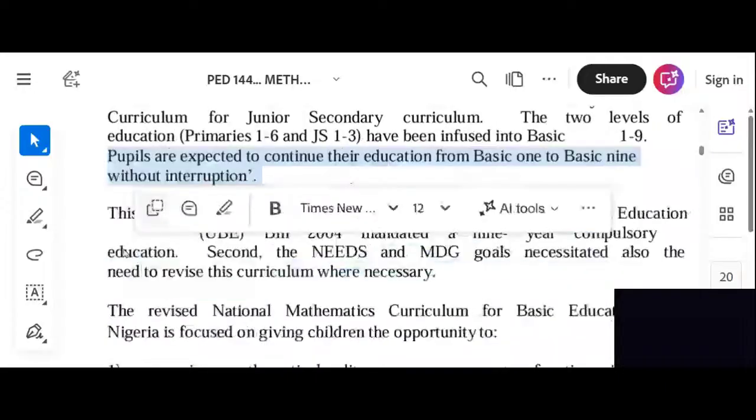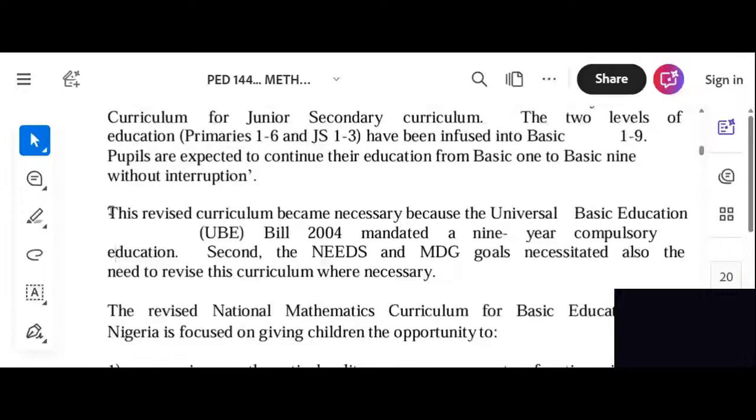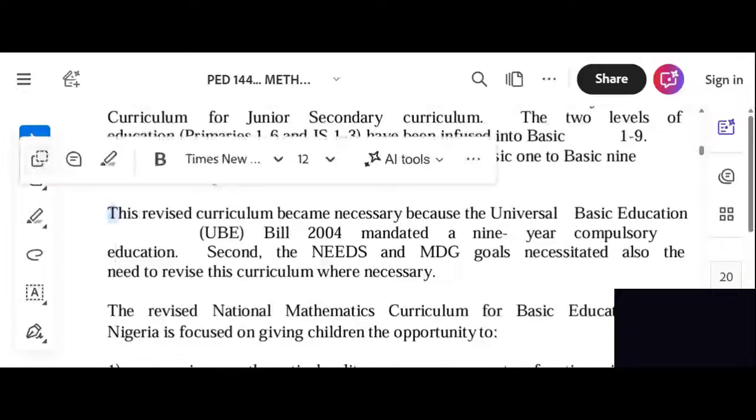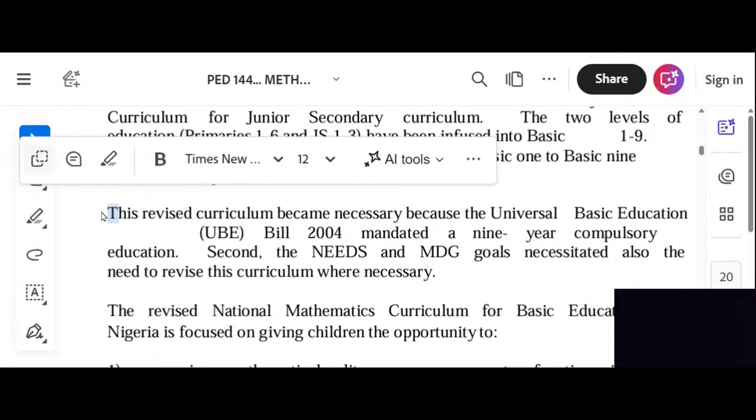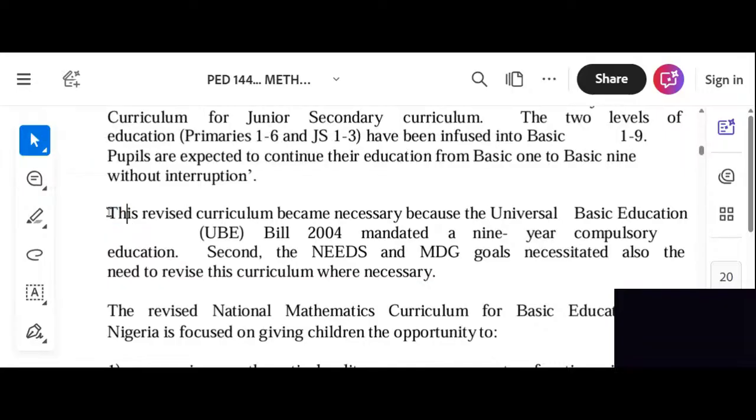Now, if you look at it, basically those in JSS are still primary school pupils. There is this thing we usually ask ourselves, I don't know if you've noticed. We say, what is the importance of JSS, junior WAEC? Since I left school, I've never used that result for anything. As good or as bad as it was, it hasn't been useful for anything.